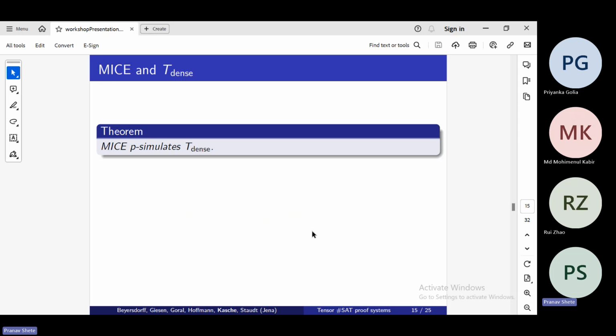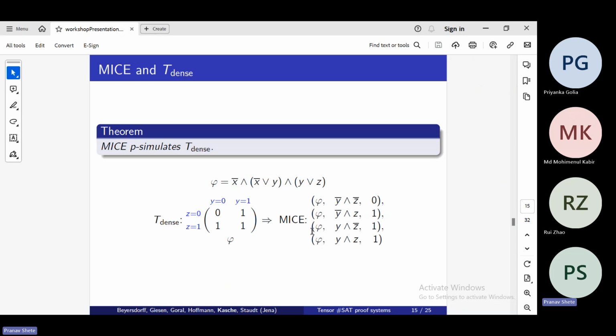It's weaker than MICE, but the basic idea is that we can take a T-dense proof and convert it to a MICE proof by looking at every tensor and every entry in this tensor and converting every tensor entry into a MICE claim. So this tensor is associated with a partial formula, and every entry will become a MICE claim, and the formula of the tensor will become the formula in the MICE claim.